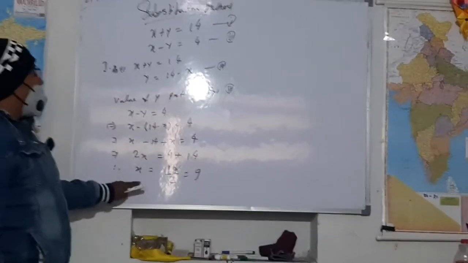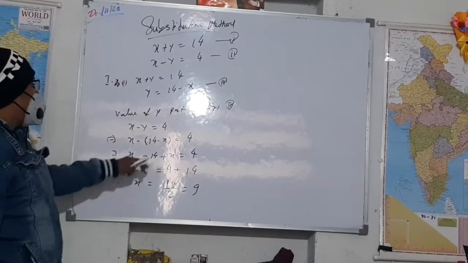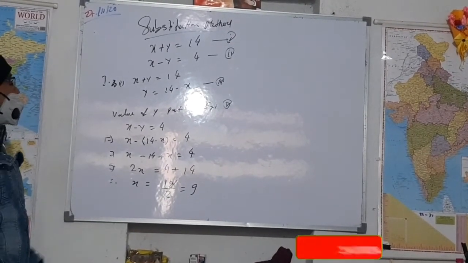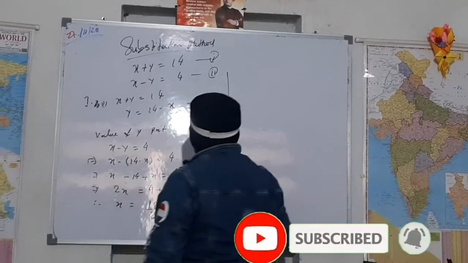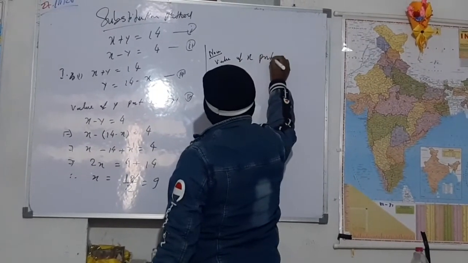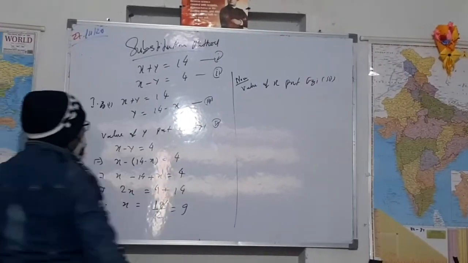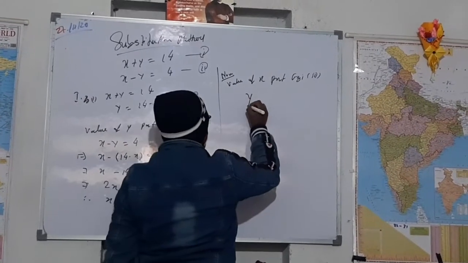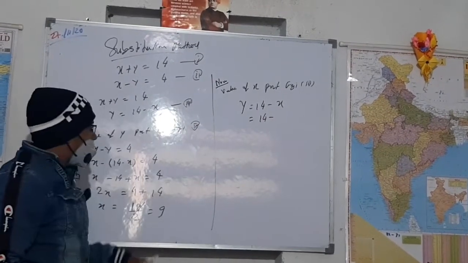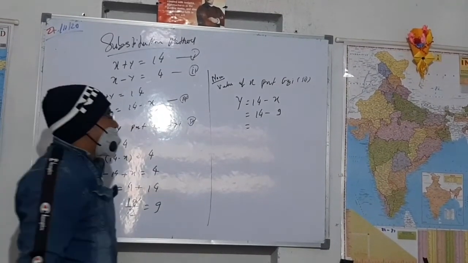Now put the x value in equation 3. Equation 3 is y is equal to 14 minus x, and the x value is 9. 14 minus 9 is 5.